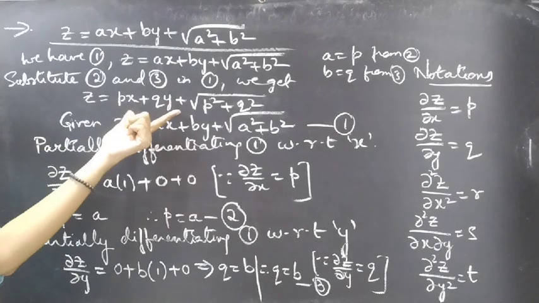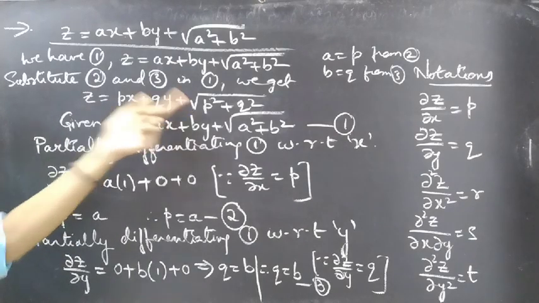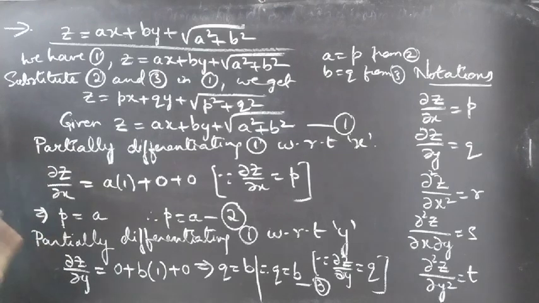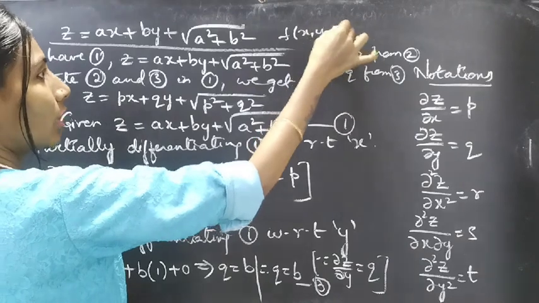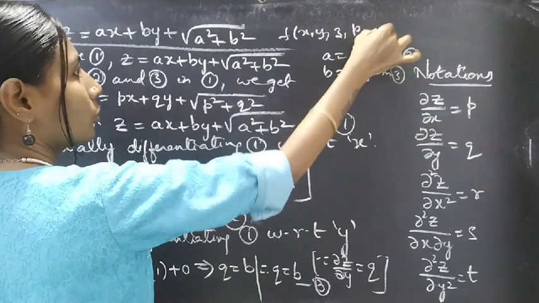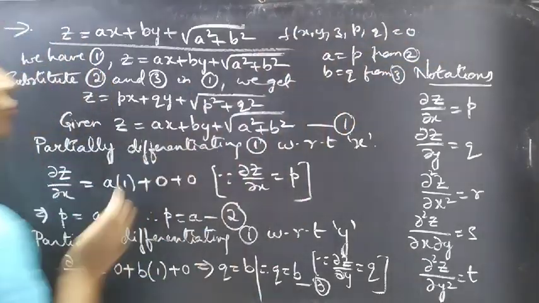See, a and b got eliminated. You don't have any arbitrary constants here, right? And this is some function of x, y, z, p, q equal to 0 form.